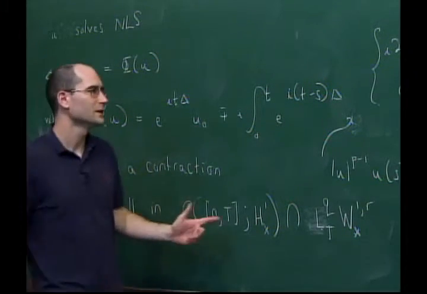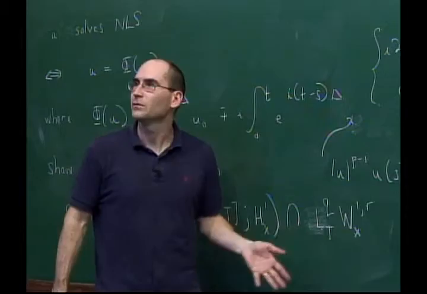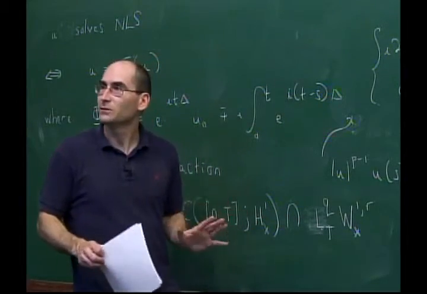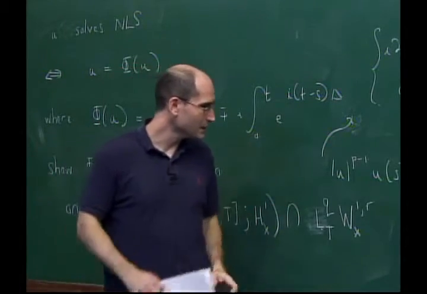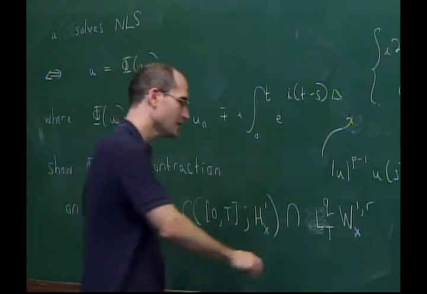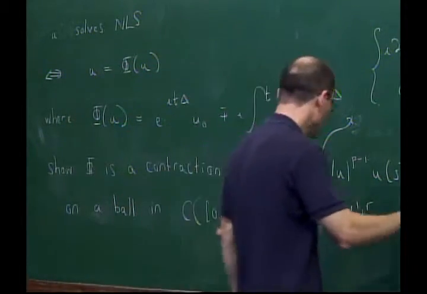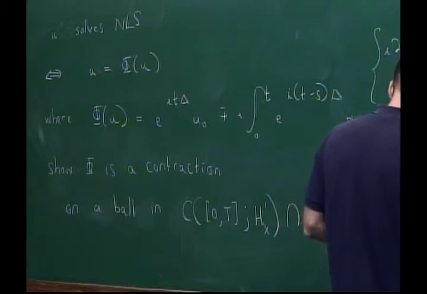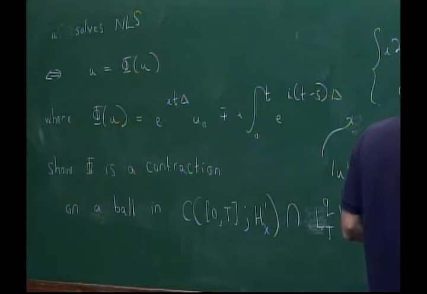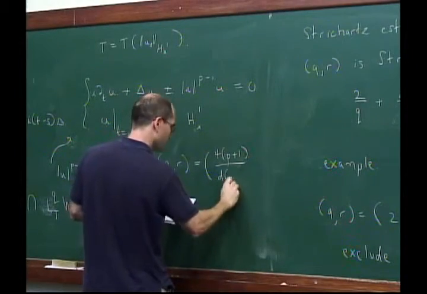And you can make the Strichartz estimates work in many different ways. But the easiest way to get H1 well-posedness for this equation is to take QR equal to this particular admissible pair.